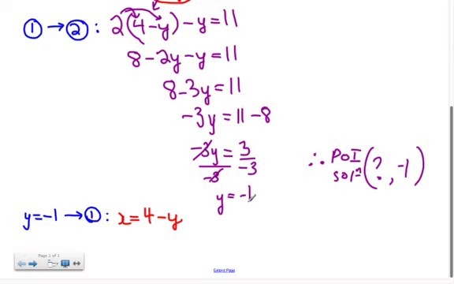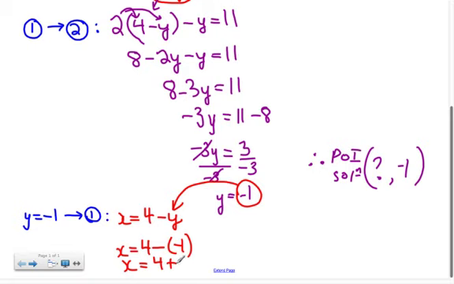And now I know that y is equal to -1. I don't have to call it y anymore, so I can put it into there. So x is going to equal 4 minus, don't forget that minus sign, and then the y gets replaced with -1. So we've got that double negative going on there, so x is equal to 4 plus 1, which of course means that x is equal to 5.